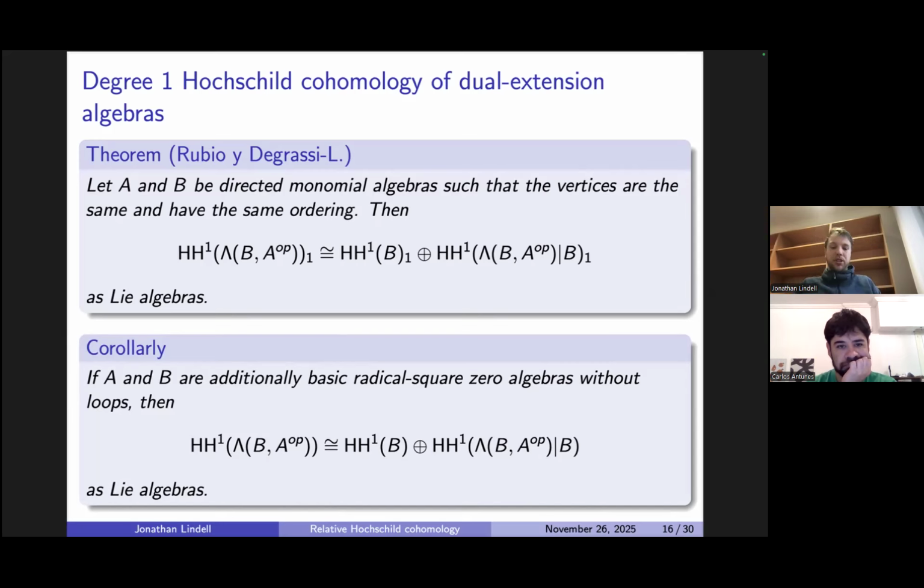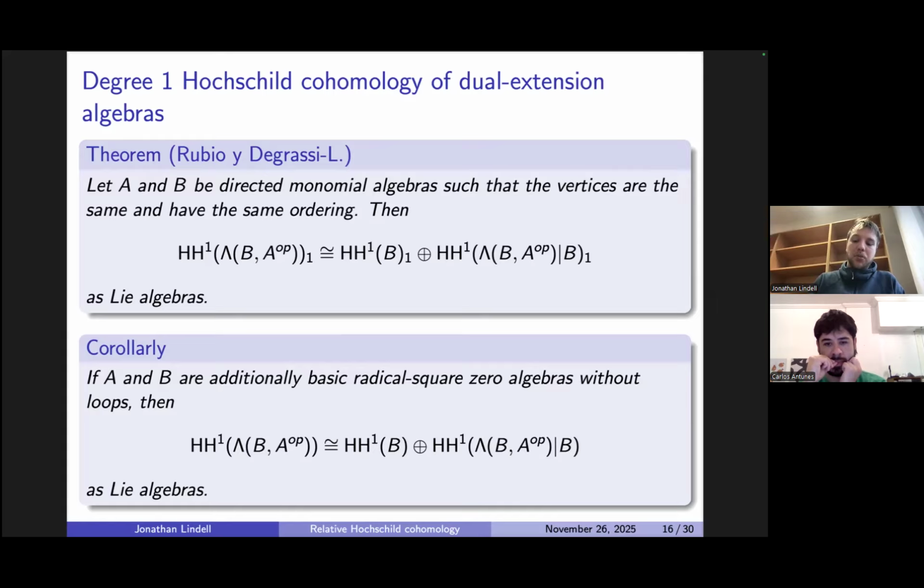In general, unfortunately, it seems to be a bit tricky to understand when we get solvability on the big part from just solvability of the relative and the subalgebra part. But we've seen here earlier that solvability really depends on the shape of the quiver.